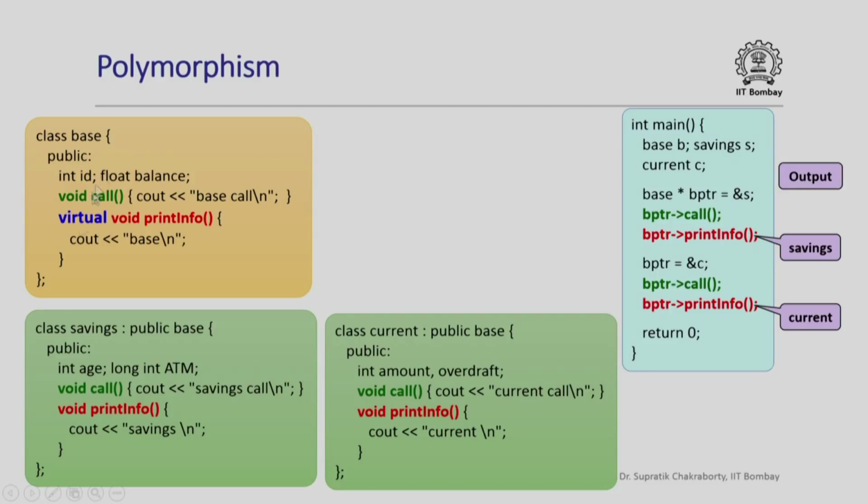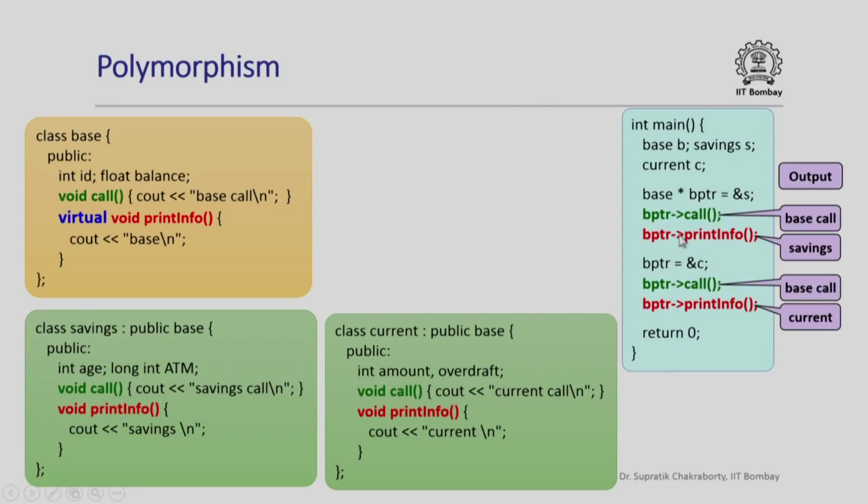So in the base class I will have to go and see what call is, and call has not been declared as virtual. Therefore this BPTR arrow call should do exactly what the method call in the base class asks it to do, which means it should just print out base call.